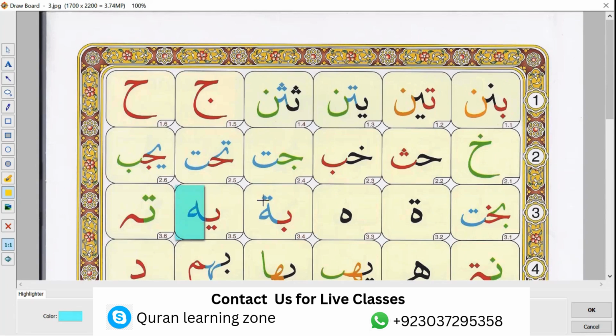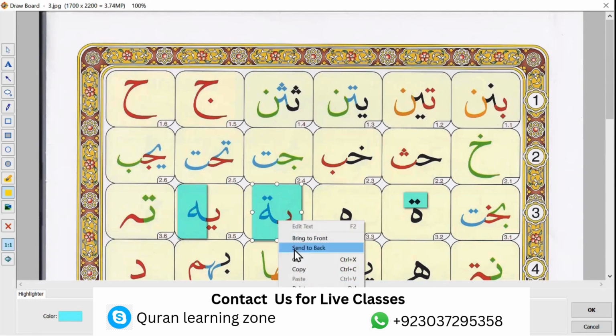Look at the letters. I told you that before. If there are two dots on the top, then you call it ta. That's why I'm reading from here bata, and if there are no dots on the top or bottom, then you read it ha. That's why I read the ha sound.